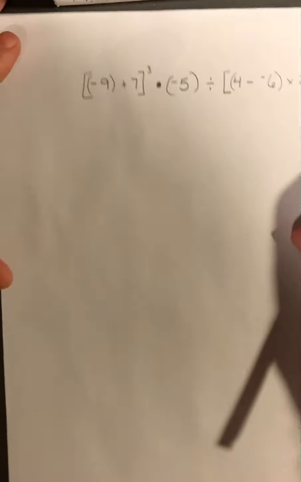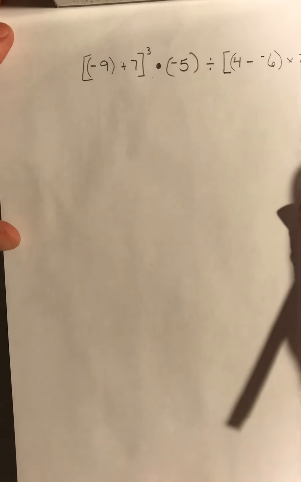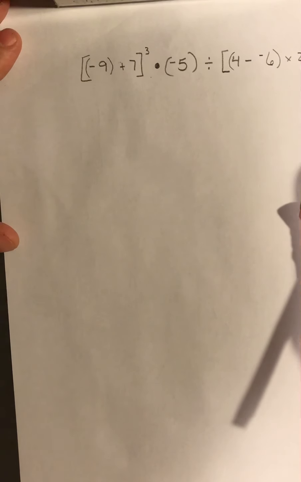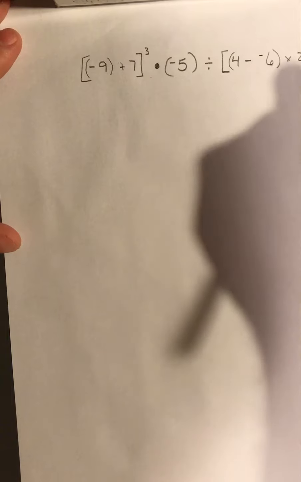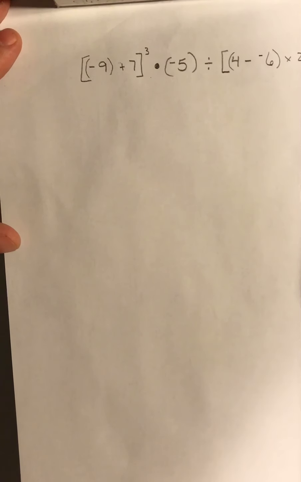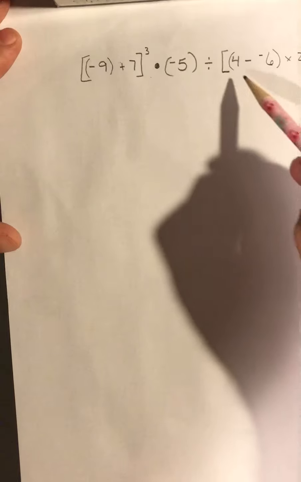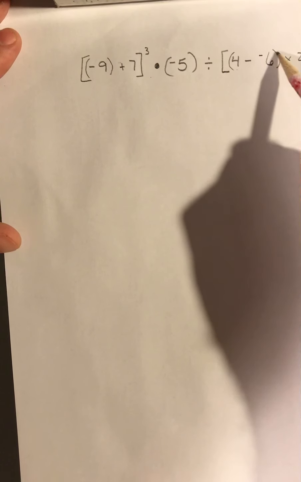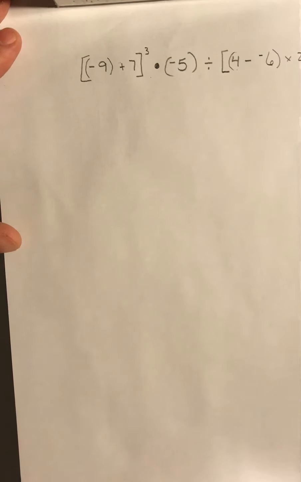This might look a little scary, but we're going to do it anyway. Oh my gosh. All right, well, let's get organized. Are there any parentheses? Yes, there are a lot of parentheses. All right, so we're going to do the most inner ones first. Okay, so these inner parentheses are the most inside ones.